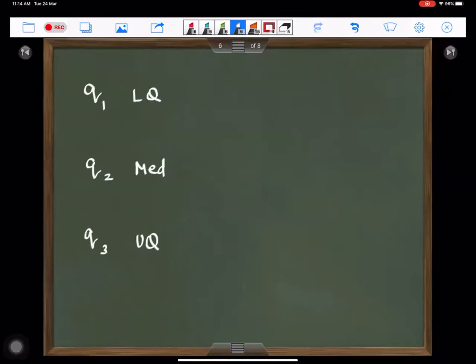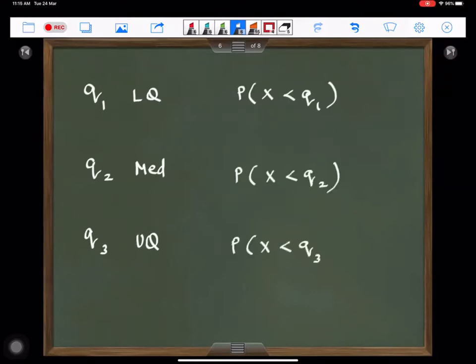For example, if I say, write down the following probabilities. Probability X is less than Q1, probability X is less than Q2, probability X is less than Q3. That means there is nothing to calculate because they are so obvious.